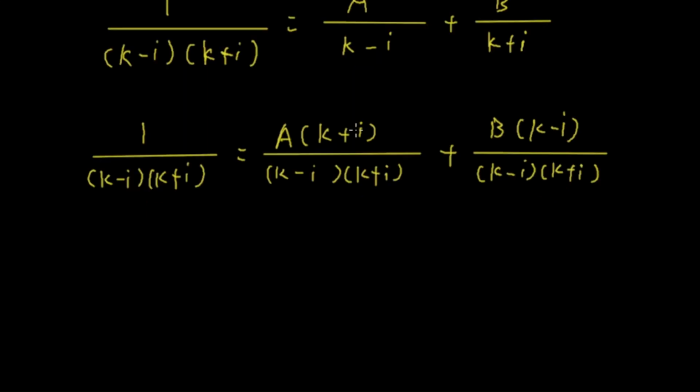Now, since we have the common denominator here, we can just group this together, okay? Since both sides have the same denominator, that means the numerator on this side is equal to the numerator on this side. So here, 1 is equal to a times k plus i plus b times k minus i, okay?